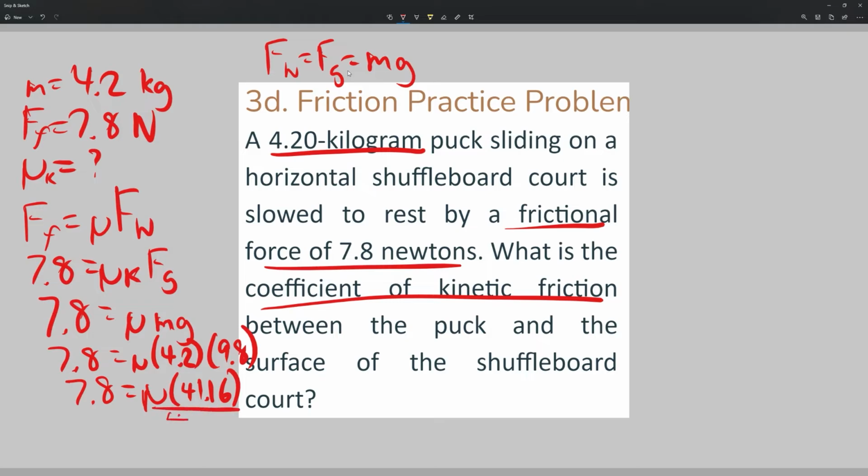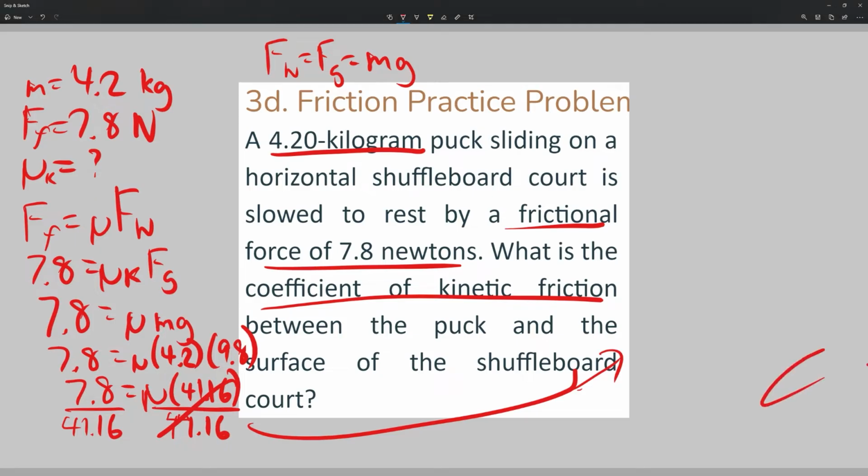You divide by 41.16 on both sides, and you get, what did you get actually? 7.8 divided by 41.16 gets you 0.19. And that's your mu.